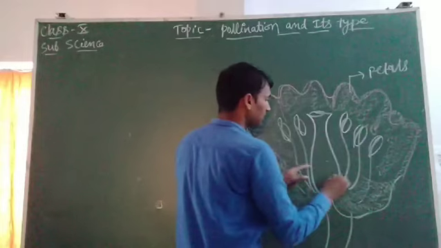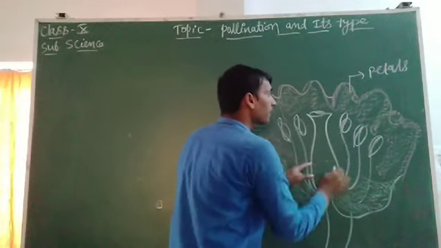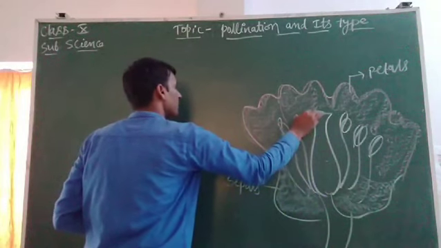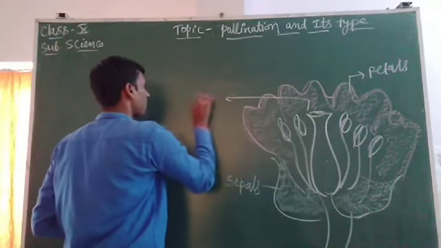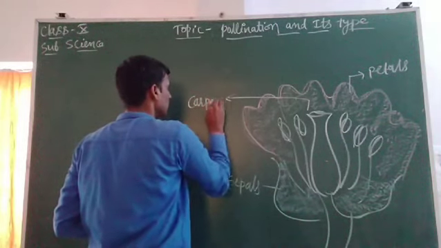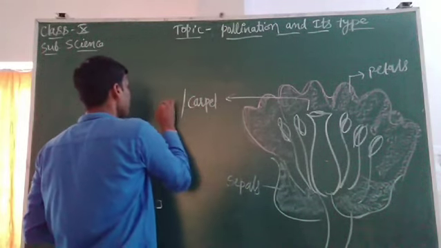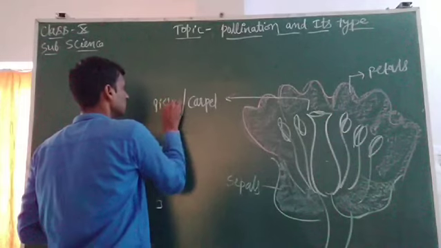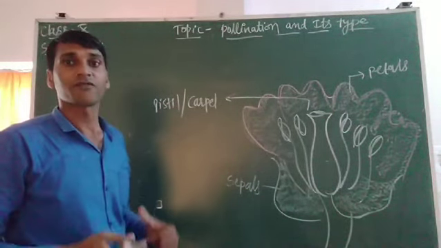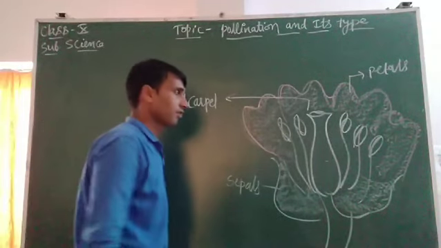And this one is the female part called carpel, or we can say pistil. Carpel, pistil, gynoecium, or the female part of the flower.